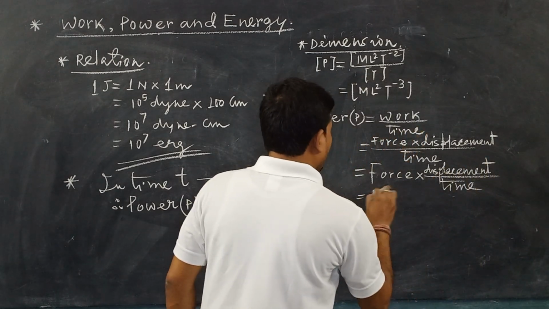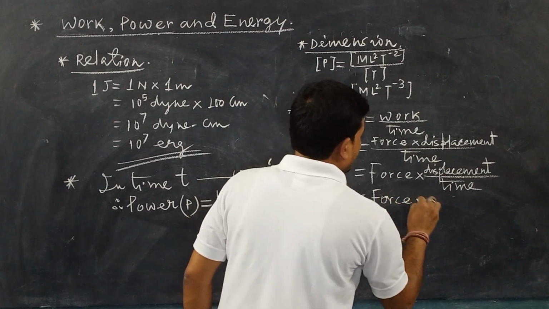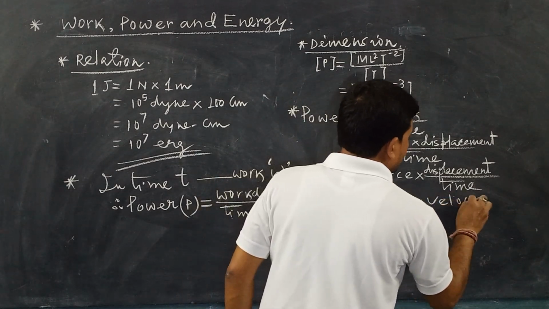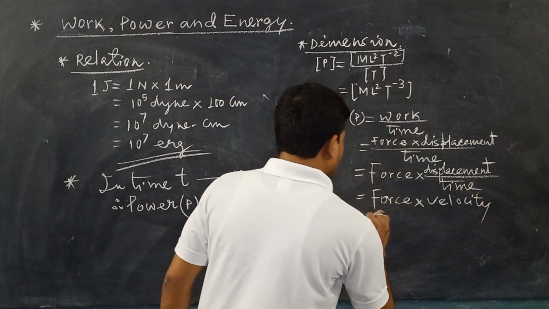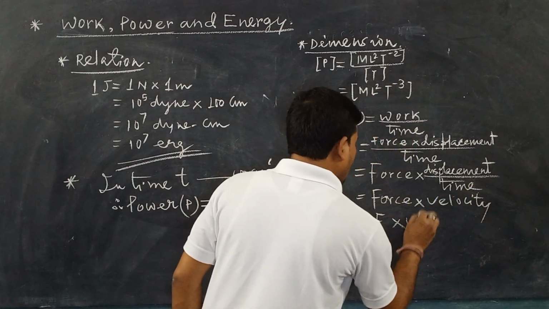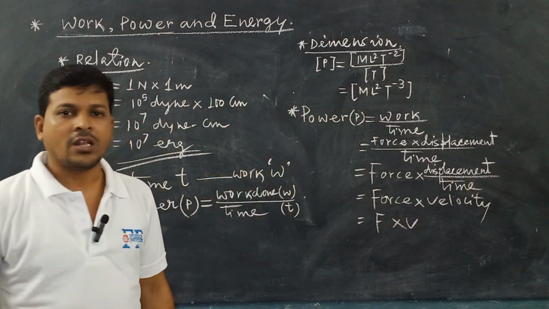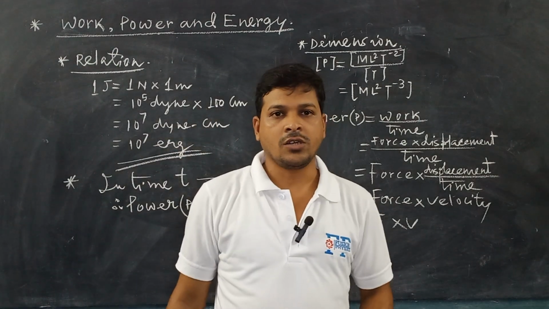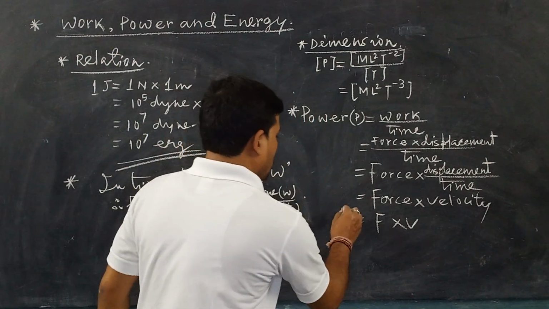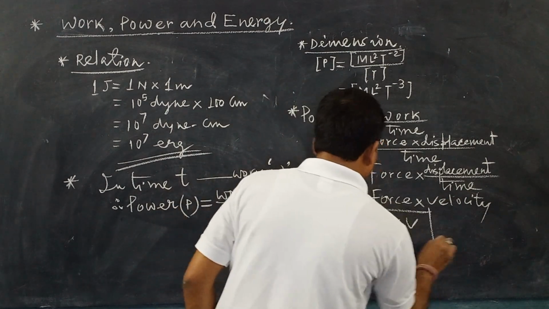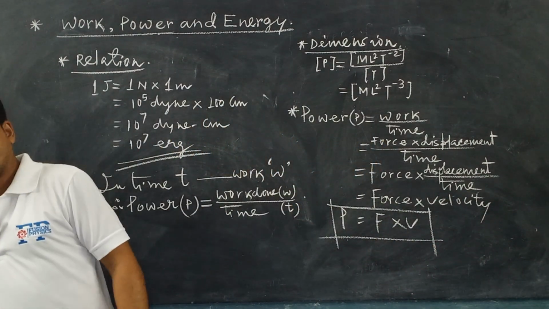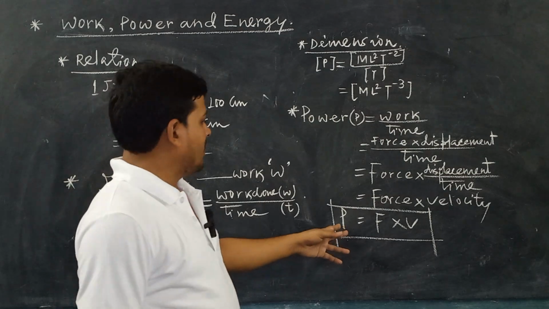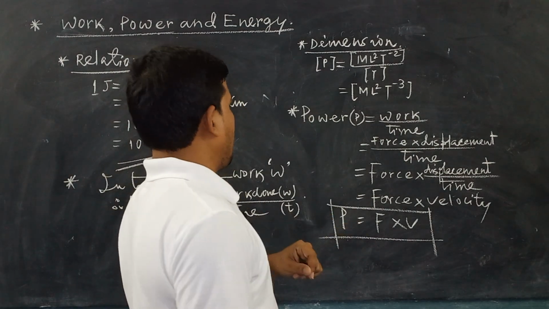Displacement by time is called velocity. So the power P equals force into velocity. Power P equals force into velocity. This is a very important reduced relation between the power and the force.